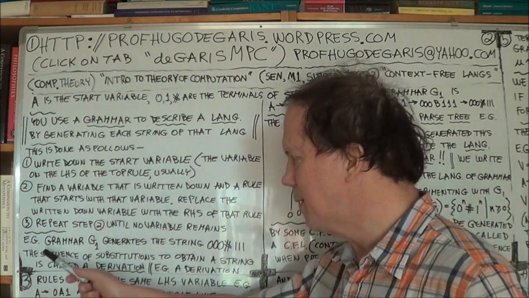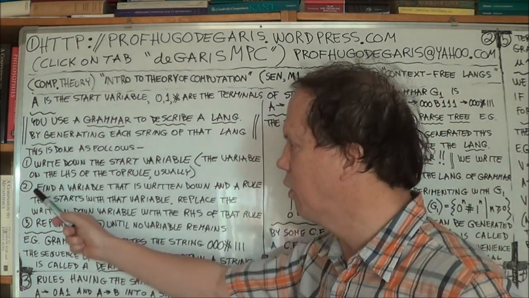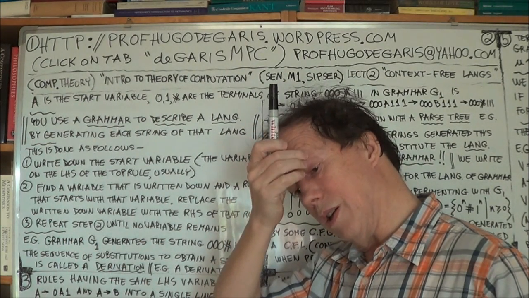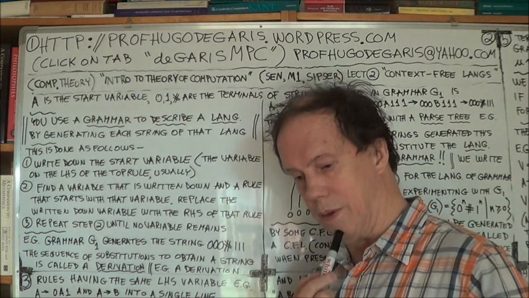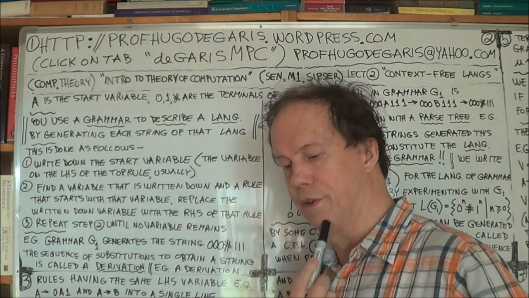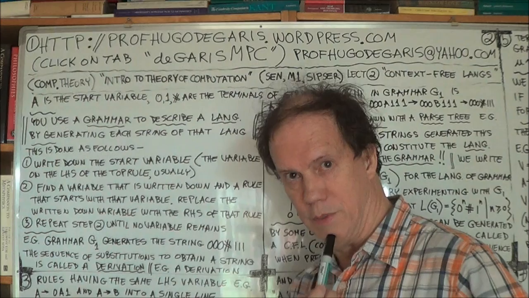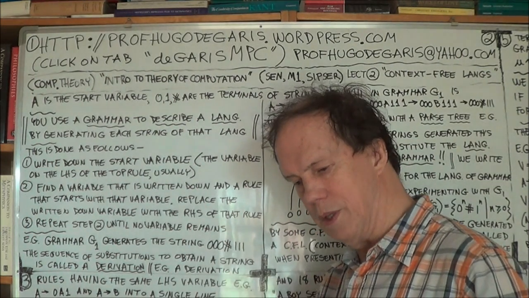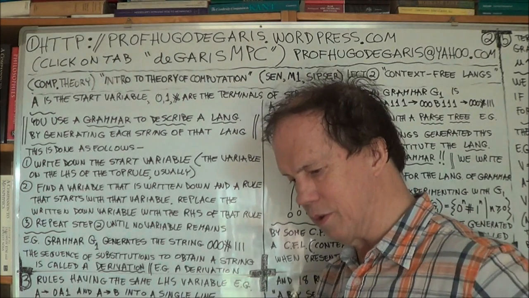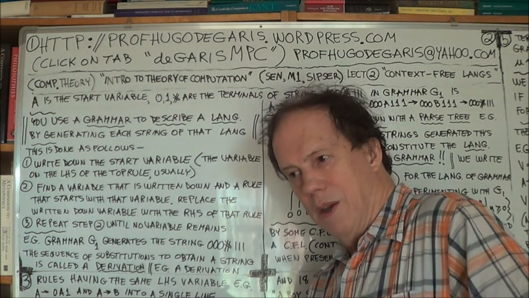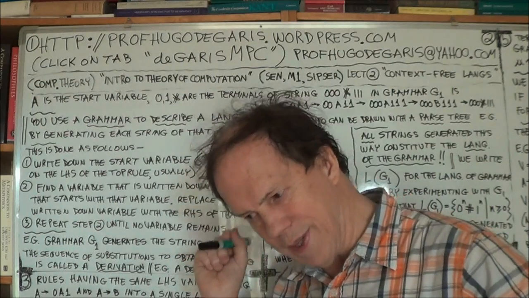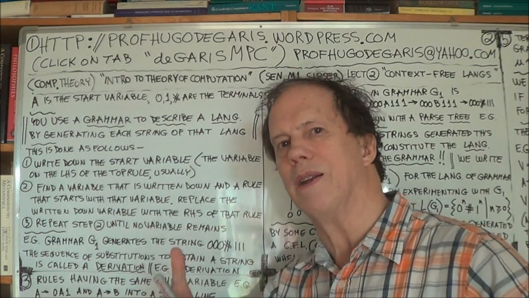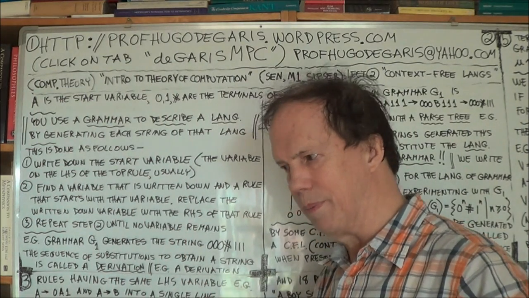Now this sequence, looping through step 2 until you eventually get a string comprised only of terminal symbols, where there are no variables left in the string that you're expanding, that you're in the process of substituting a variable for the right-hand side of a rule.